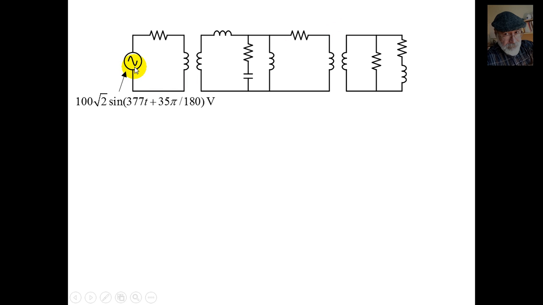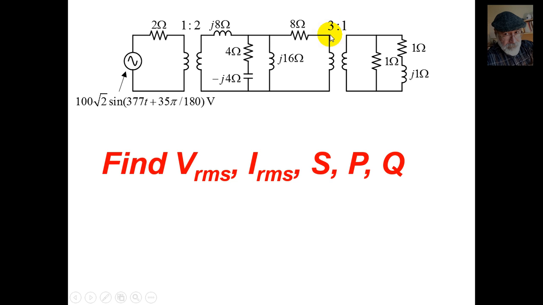The voltage source has this value. The impedances are given for all the elements in the system, as well as the transformation ratio for the step-up transformer, 2, and the transformation ratio for the step-down transformer, 3. Now, we are asked to find VRMS, IRMS, apparent power, active power, and reactive power at the source.